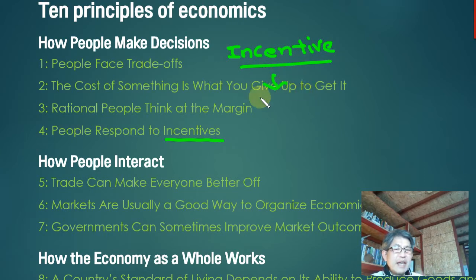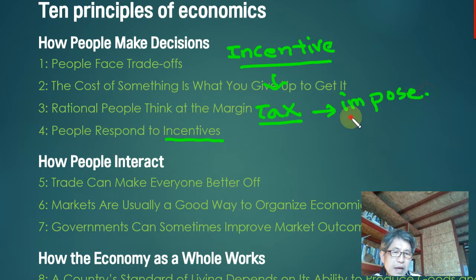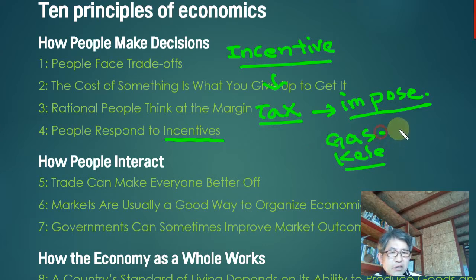Tax is a very typical incentive. Tax is imposed on what? For example, on gasoline and kerosene. We have two kinds of cars, moving by gasoline and kerosene.